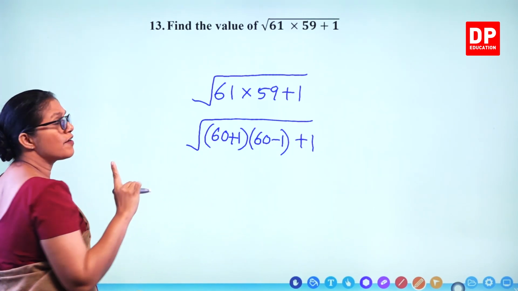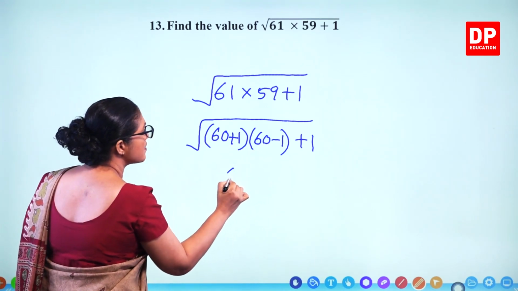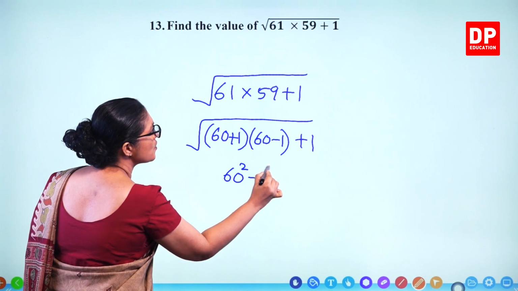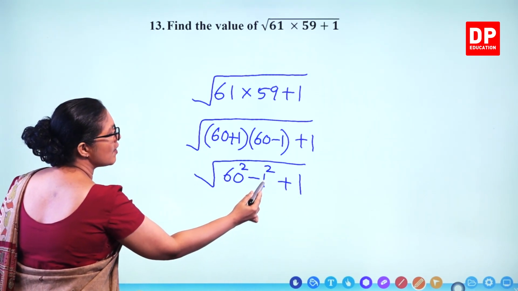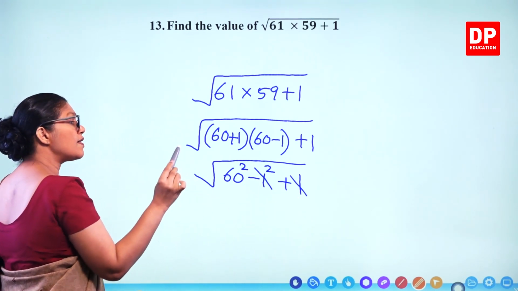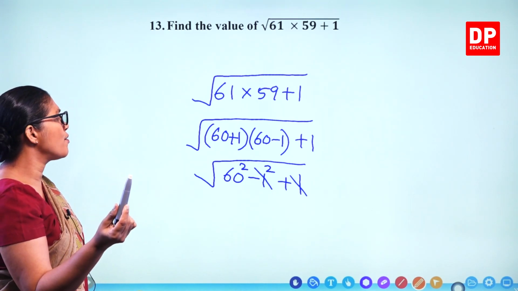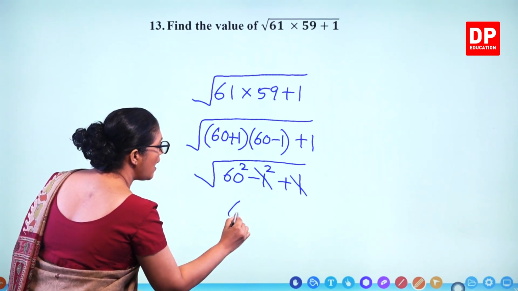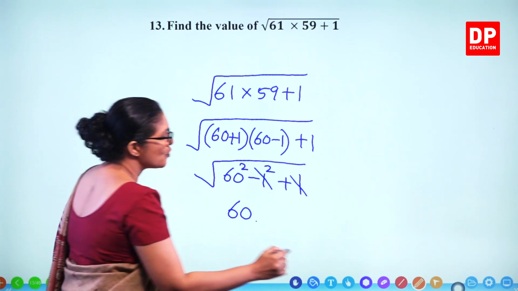Easily you can do the difference between two square terms. So this one you can write 60 squared minus 1 squared, and plus 1. Now can you see? 1 squared is 1, this one and this one get cancelled out. 60 squared, and take the square root. Opposite of square is square root. It gets cancelled out and you get the answer 60. So 2 marks for that.